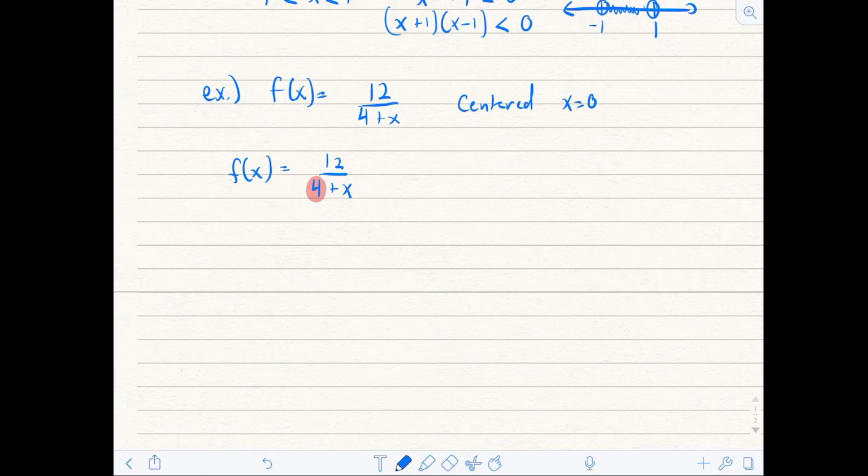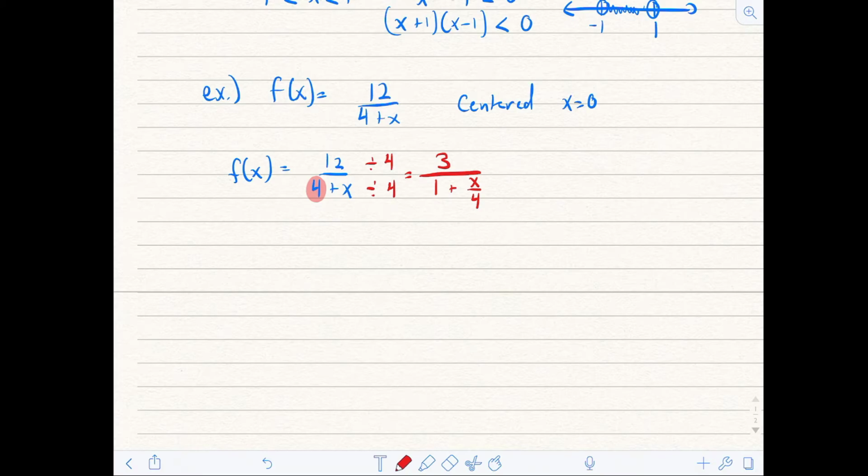So I'm going to take the numerator and divide by 4, and divide the denominator by 4. I end up getting 3 over, and then 4 divided by 4 gives me 1 plus x over 4.